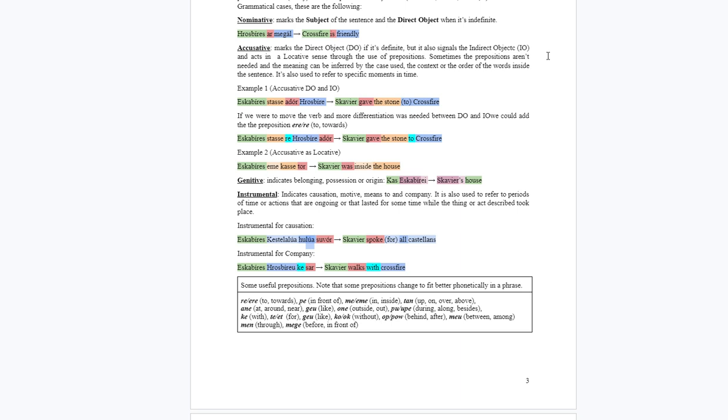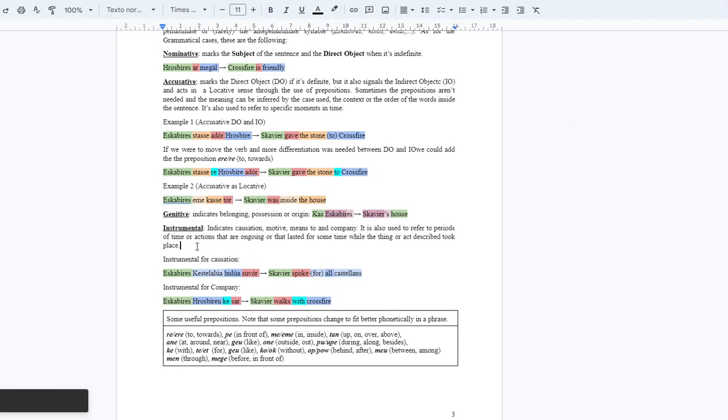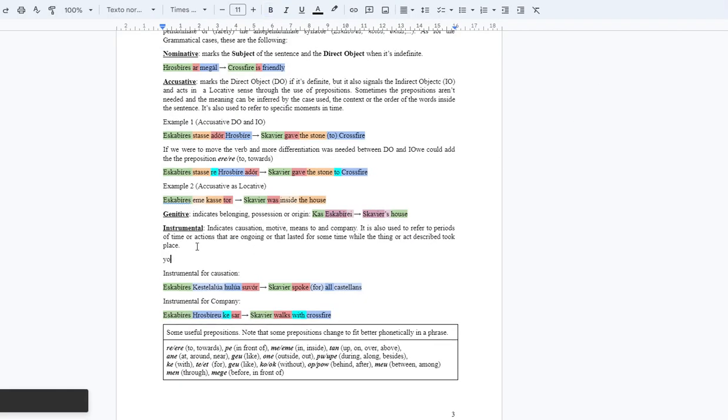It's kind of similar to the same reason we use the accusative as a locative, because it's acting as a locative. We are doing an action in a specific place in time. So, for example, day is yos. Let me write it right here. Yos means day.